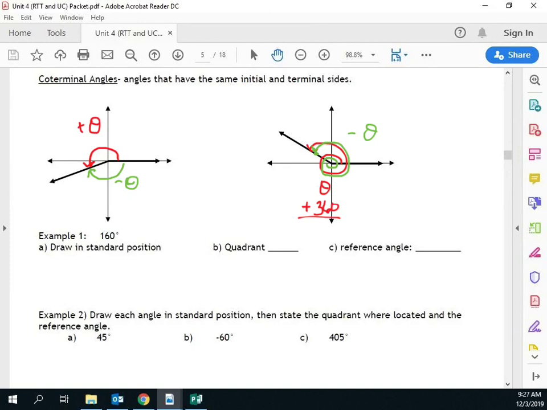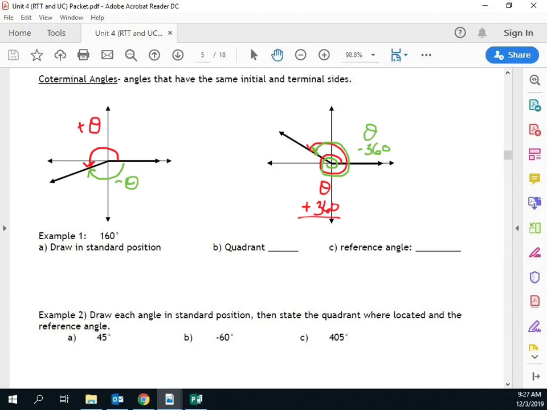If I go in the negative direction, I go the opposite direction and get the same result. So if I take 30 degrees and subtract 360 and get negative 330, negative 330 gives us the same spot as positive 30 does.